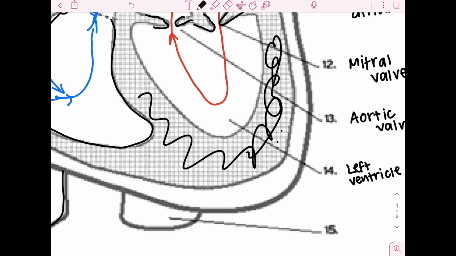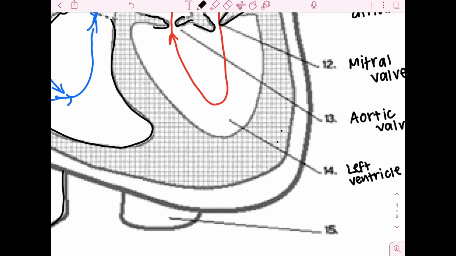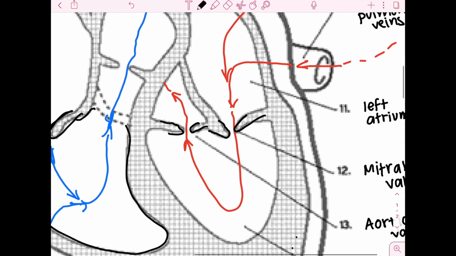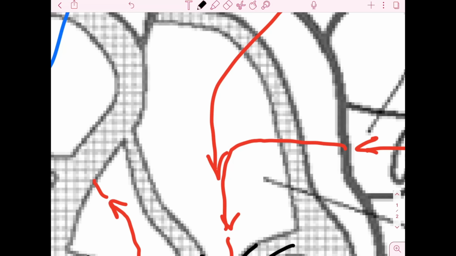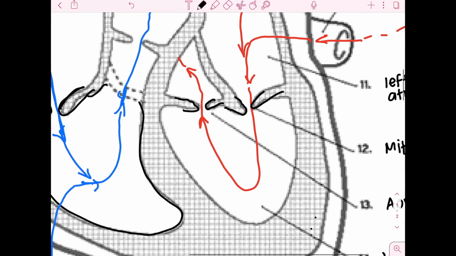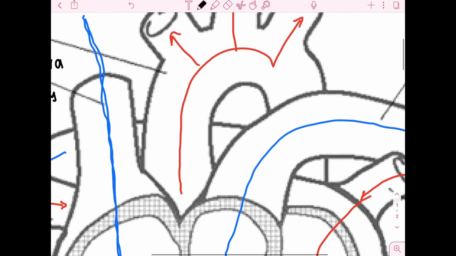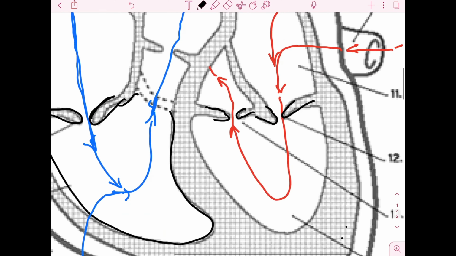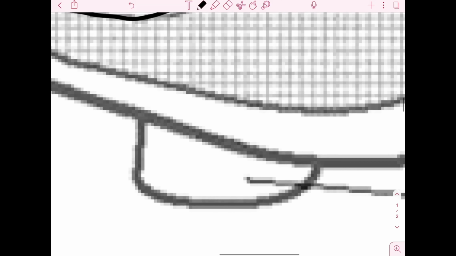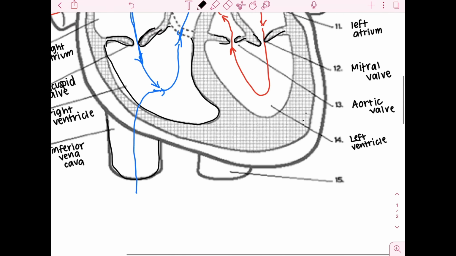So this shaded in portion is actually all muscle of the heart. And it's surrounded by all this muscle because it has to be strong enough to pump the blood to our entire body. So the left side of our heart actually has a really big responsibility. This chamber receives its blood from the left atrium, which is this chamber right here, and delivers it to the aorta, which is up here, and the aorta to our lower body, which is this one right here.